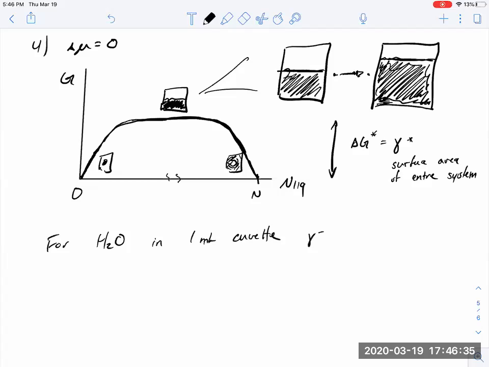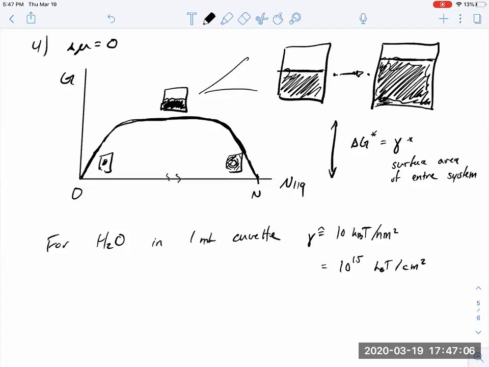The surface tension for water turns out to be roughly 10 kBT per nanometer squared, which is the same thing as saying 10 to the 15th kBT per centimeter squared.